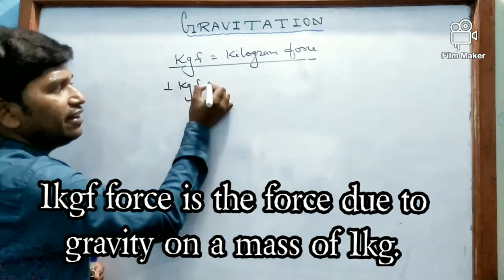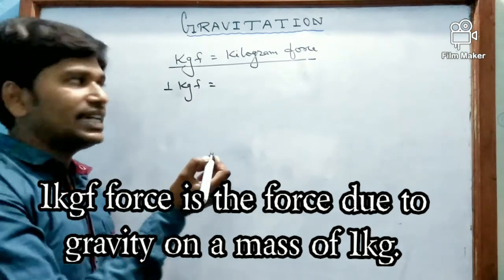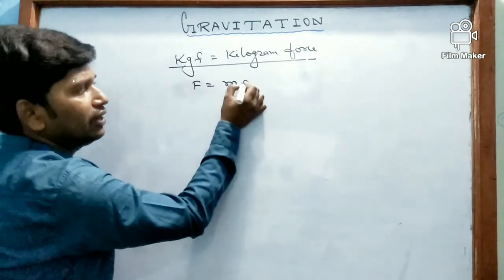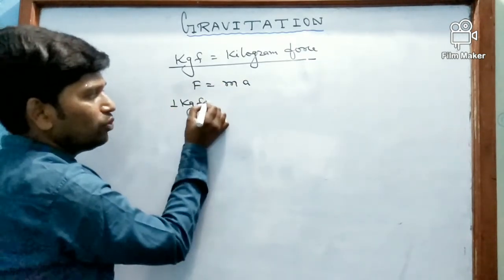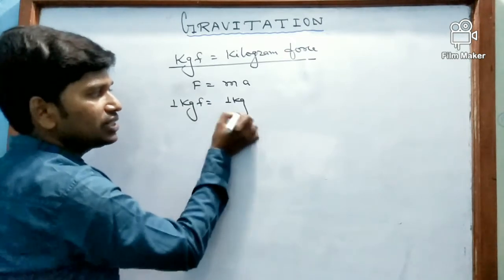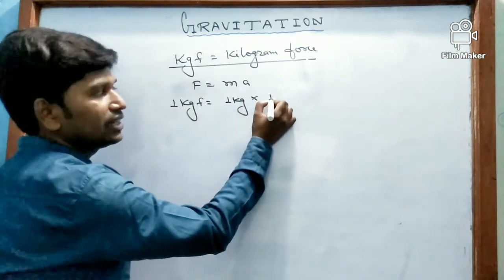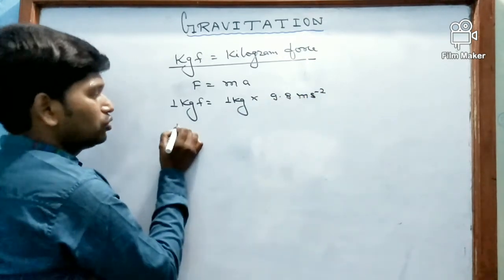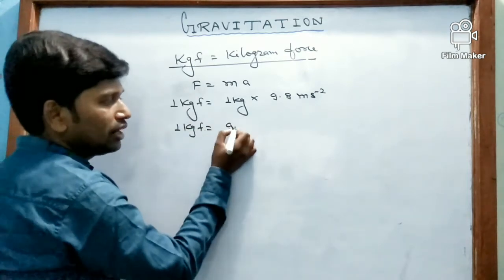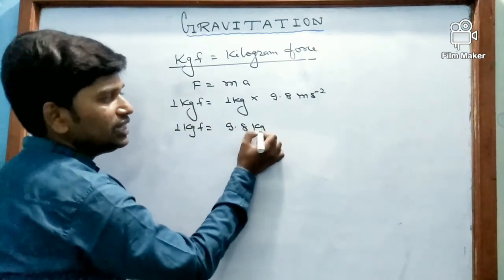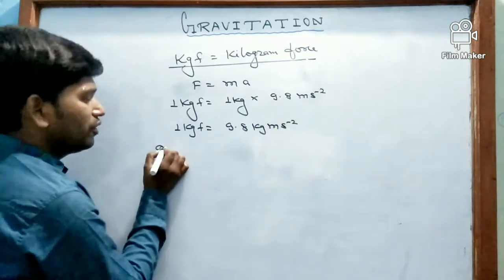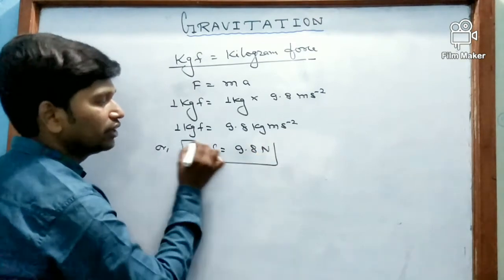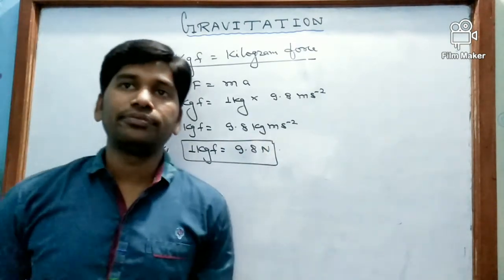We know the formula F equals ma. So 1 kgf equals 1 kg mass of the body times acceleration, which we can take as 9.8 meter per second square. So 1 kgf is equal to 9.8 kg meter per second square, or we can write 1 kgf is equal to 9.8 Newton. So this is 1 kgf.